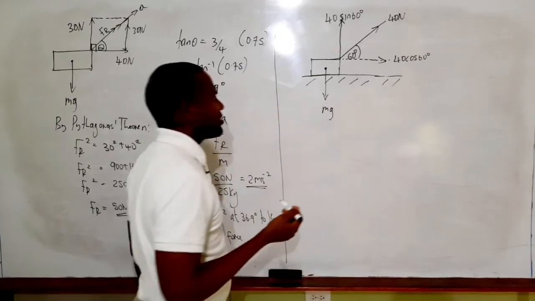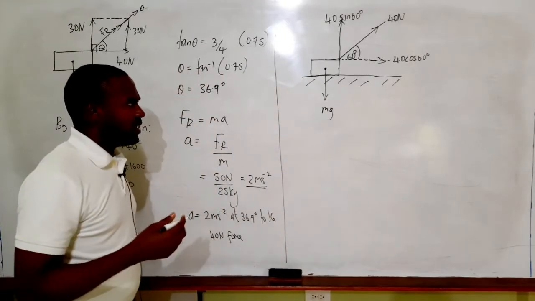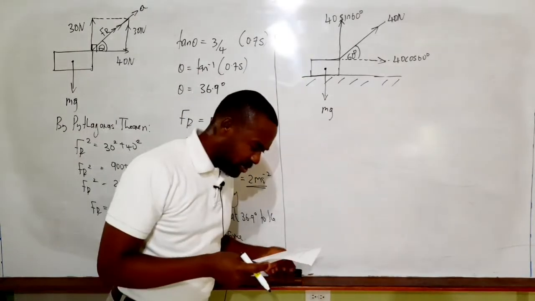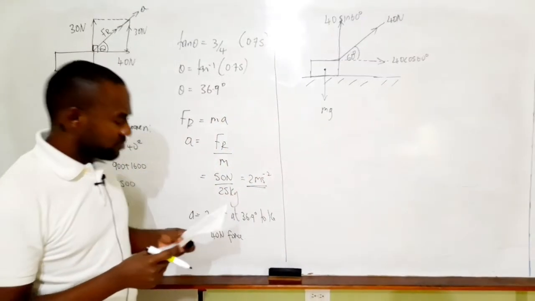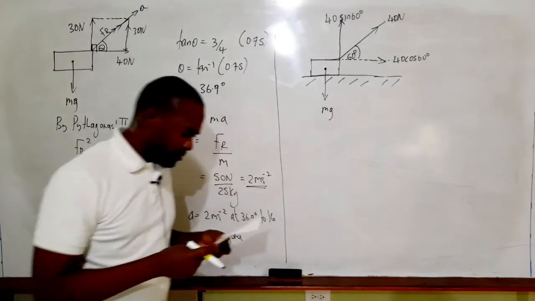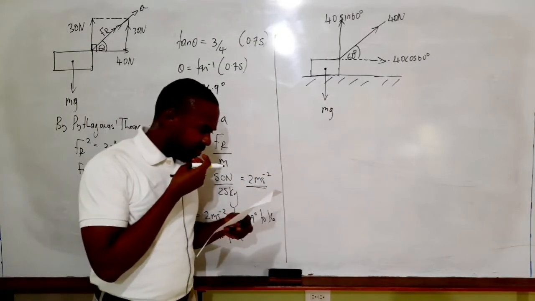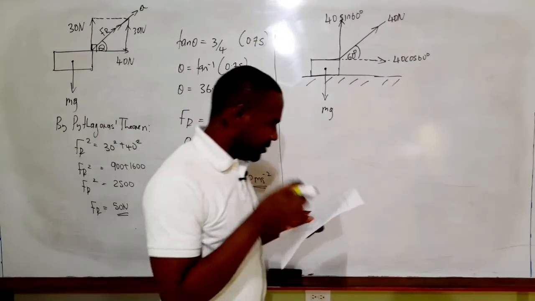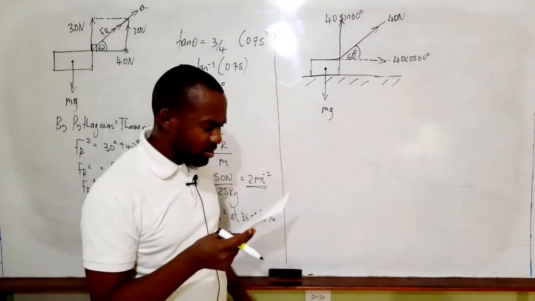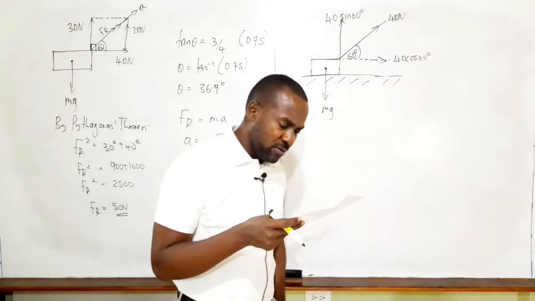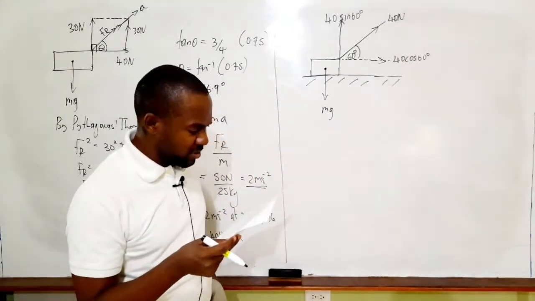So having done that, we can then proceed to calculating the acceleration of the body. Now, they want us to find the acceleration of the body. What we're told is that it is being pulled along smooth horizontal ground by means of a force of 40 newtons acting at 60 degrees above the horizontal, right?